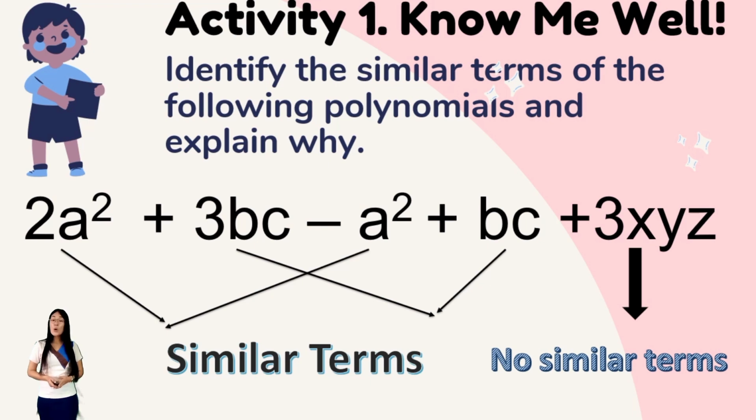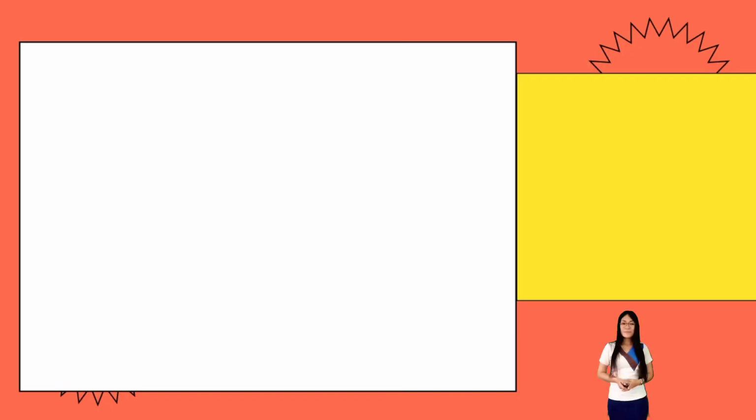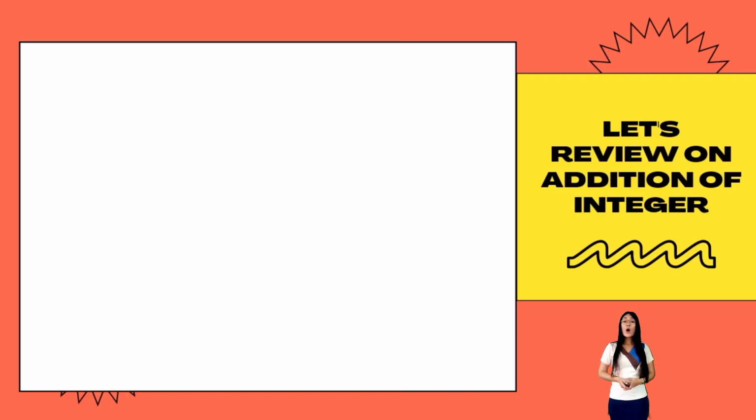It has no similar terms because it is the only term that has a literal coefficient of x, y, and z. Very good. Let's have a review on how to add integers because this is very important in adding polynomials.